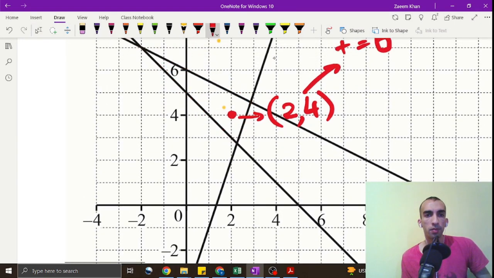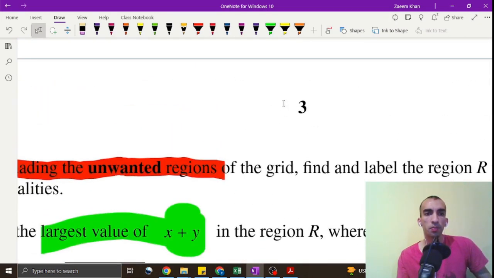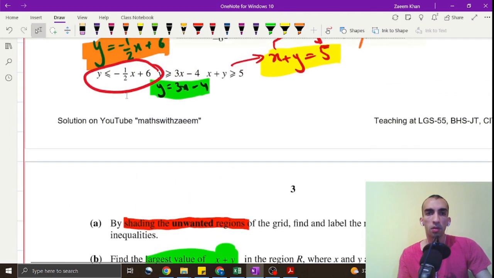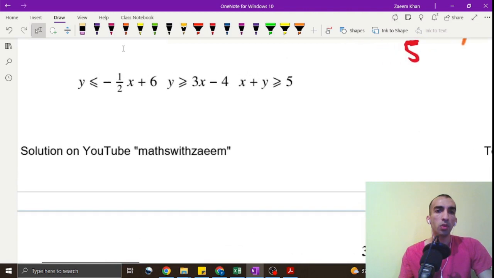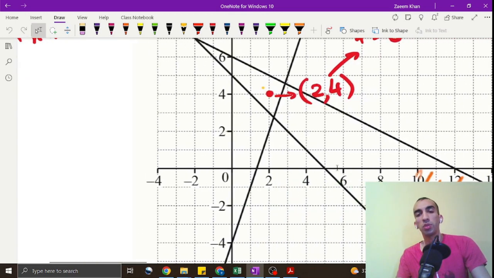Wait, are we supposed to stay inside the region? Rida, what do you think? When the inequality has this small sign over here, are we just supposed to stay inside the region, or can we also consider the points which are on the line?